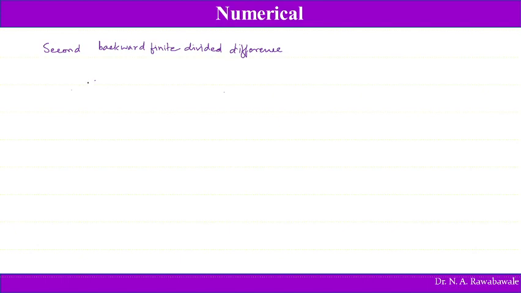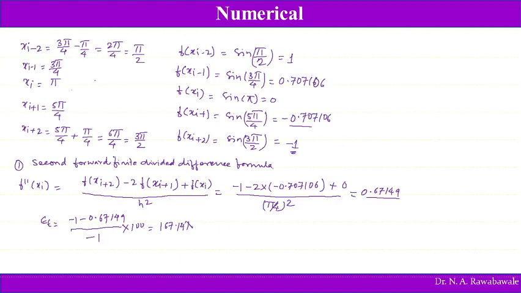Then f double dash of xi is given as f of xi minus 2 f of xi minus 1 plus f of xi minus 2 divided by h square. So f of xi value is 0.